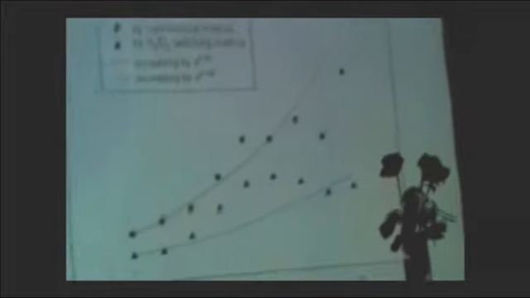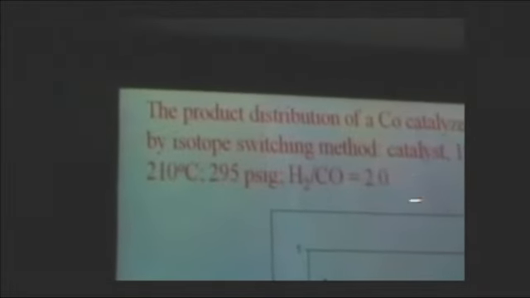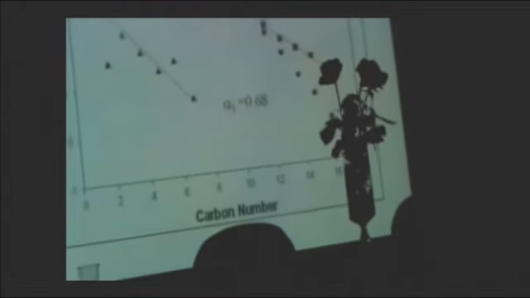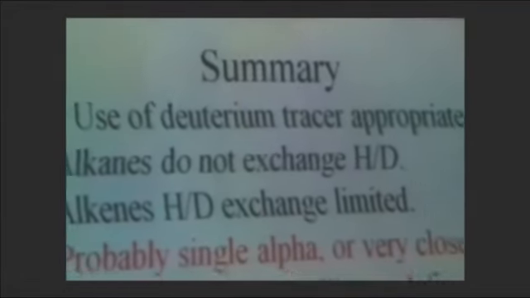From the isotope, it's roughly 0.15, but still we reach a similar conclusion as with cobalt, that the primary products come close to being a single alpha. With the cobalt, it's a little less similar, but still much closer than what you get for the 2-alpha plot. So that both cobalt and iron give similar results.